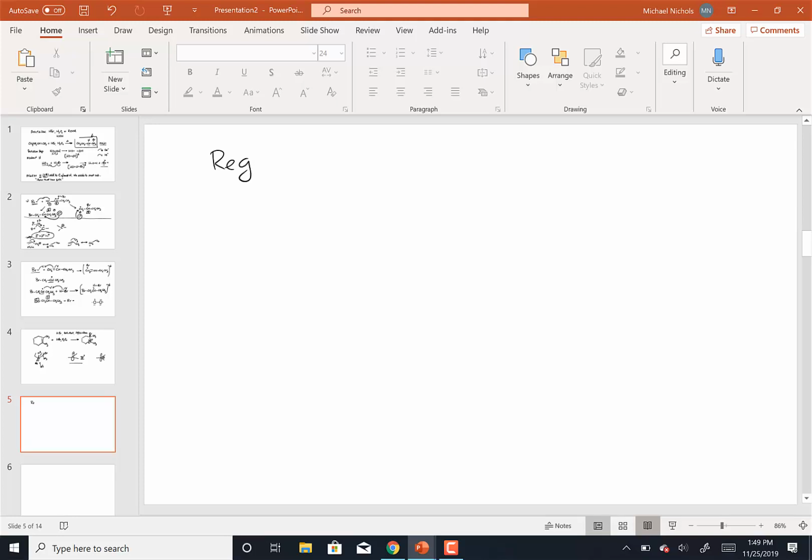So let me just talk about what goes into regioselectivity and stereoselectivity. There are two parts to each one of those terms. For regioselectivity, there's the regio part, and then there's the selectivity part. Since selectivity's in both of them, let's start with that.